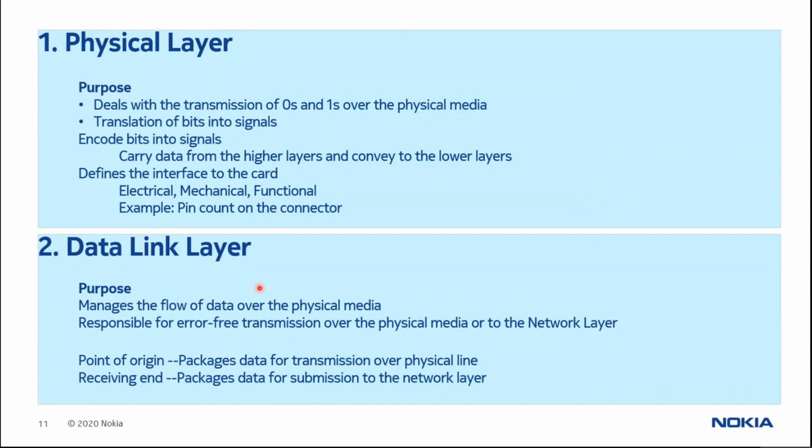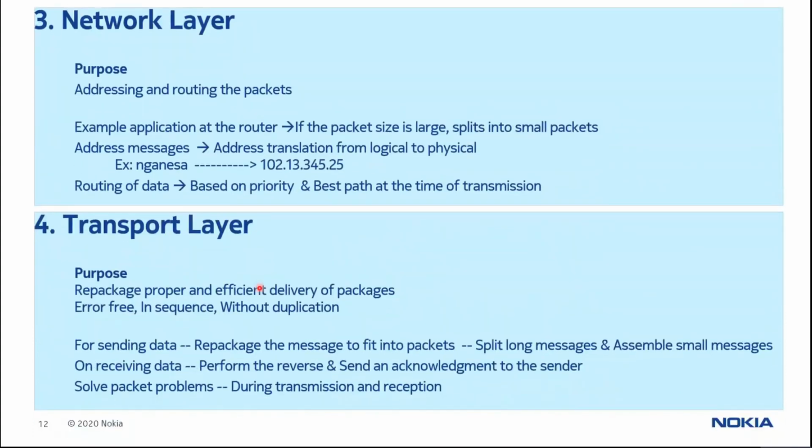I will not directly go into the details of this. It's already given in the slides. But the important aspect here is that the 7 layer model depicted here is, as I said earlier, reused in designing the telecom layer model.